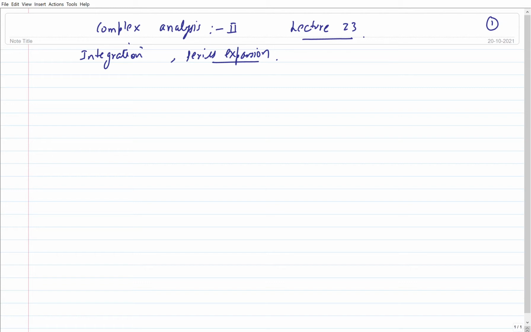We already saw the issues with taking the derivative, what it means for a function to be analytic, in the last lecture. So today we are going to dig into integration of complex functions.